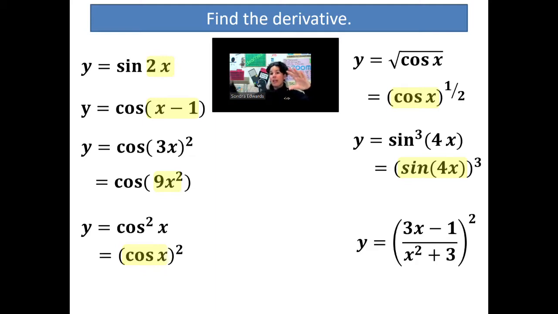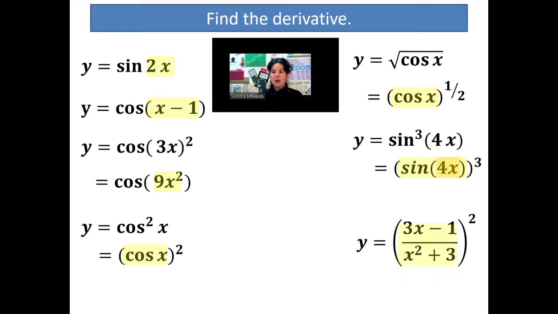So 3, all of that to the second power, and then we're going to have to chain on the derivative of sine of 4x. But when you do go to chain on the derivative of sine of 4x, that 4x right there is going to be another little ugly. So you're going to have to use the chain rule twice there.